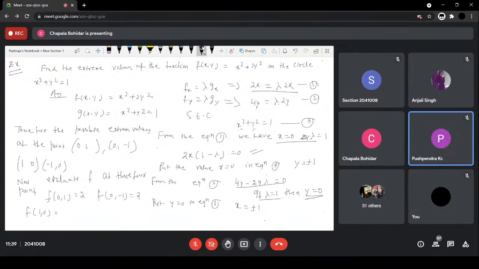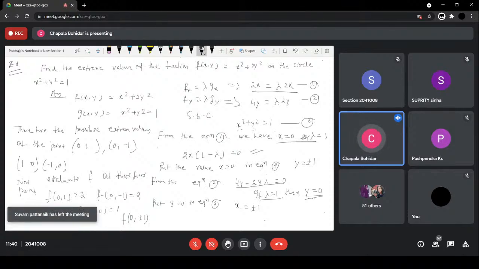1. f of minus 1, 0 is equal to? 1. So the maximum value is at which point? Therefore, the maximum is at 0, plus minus 1, and the value f of 0, plus minus 1 is equal to 2.